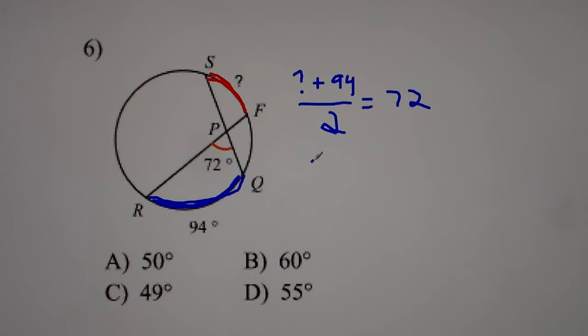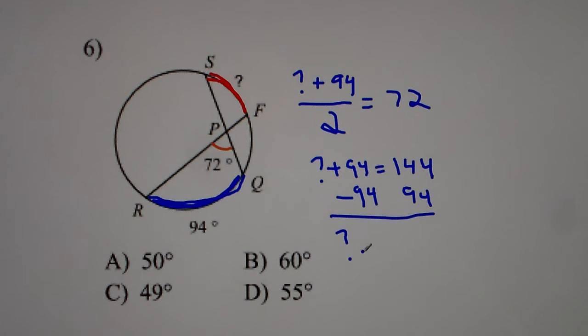We do our inverse operations. Question mark plus 94 equals 144. Subtract 94 from both sides. Our question mark is going to equal 50. So 6 is A, 50.